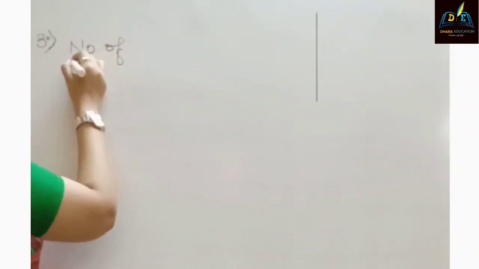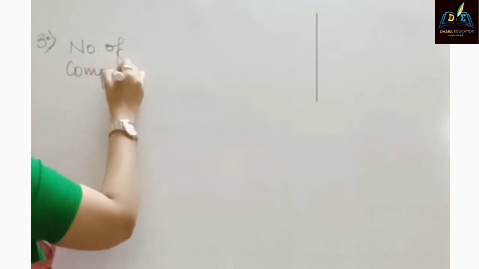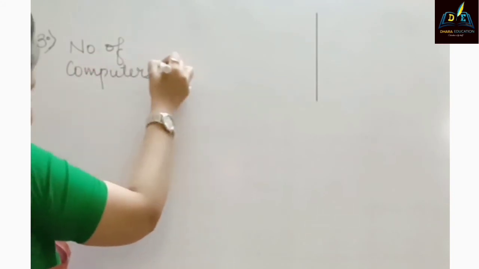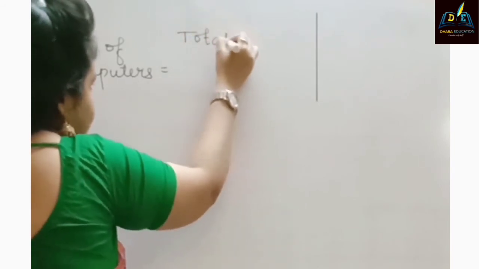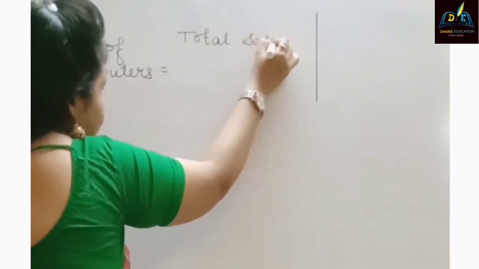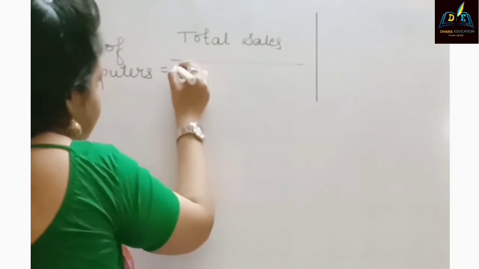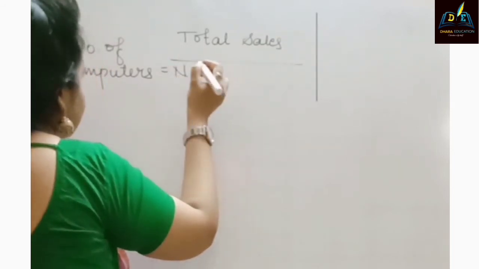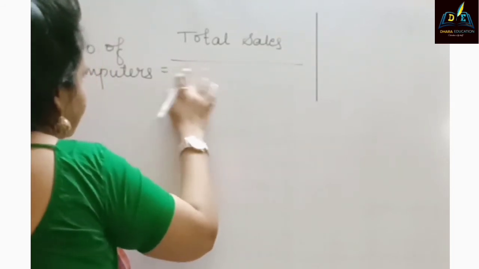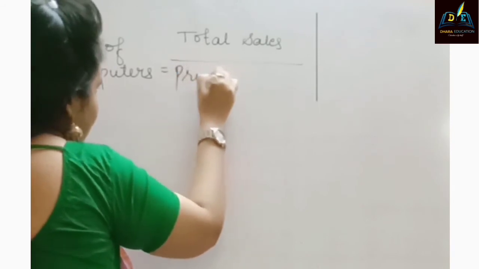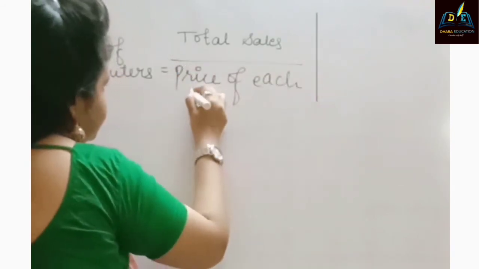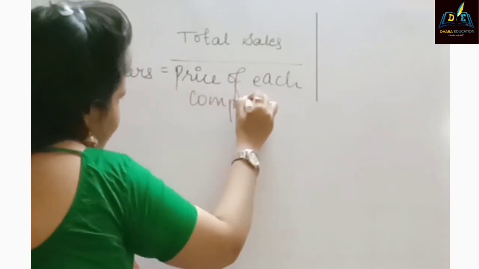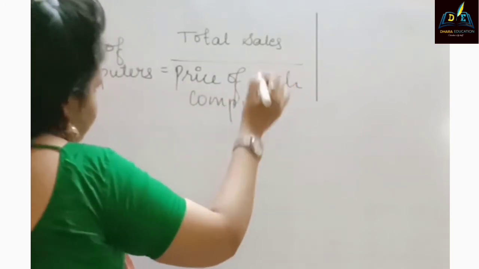Number of computers is equal to total sales upon the price of each computer, which is already mentioned in the question.